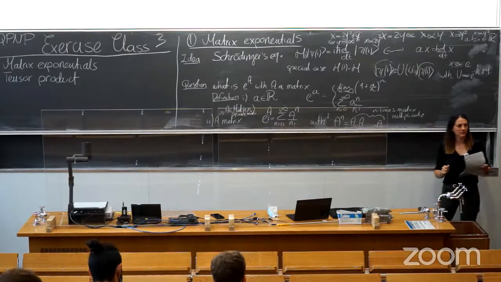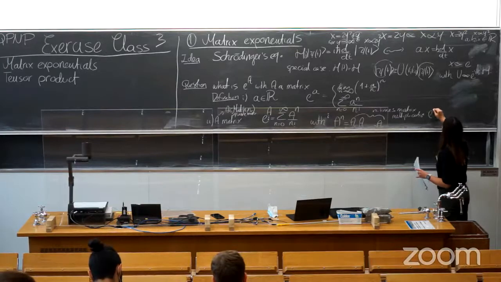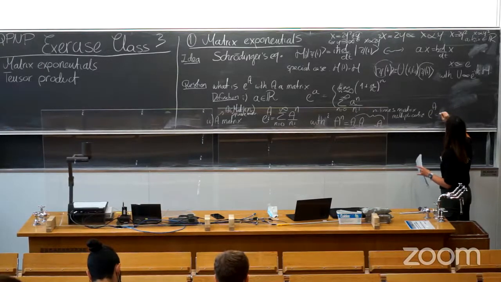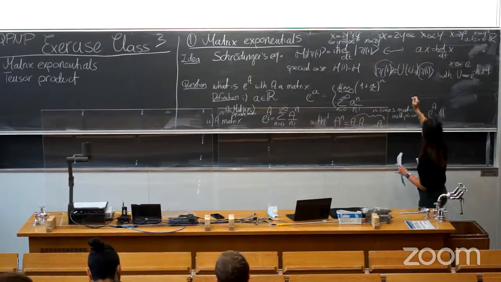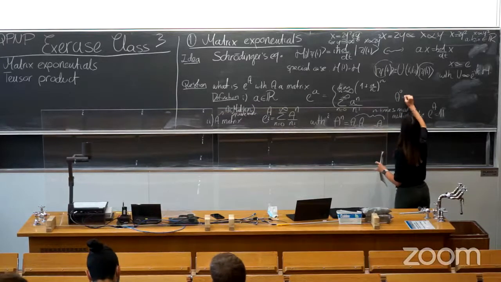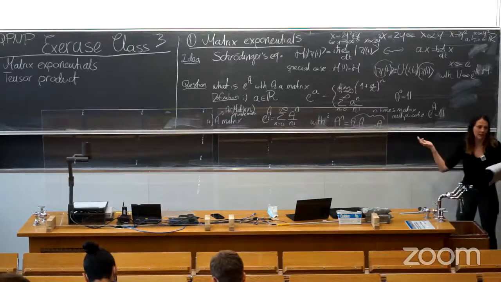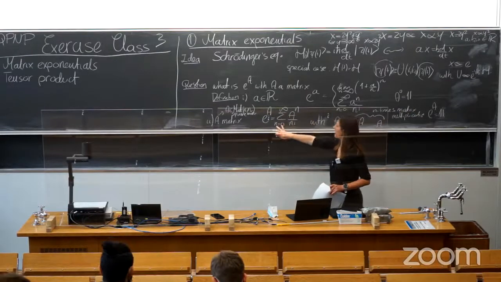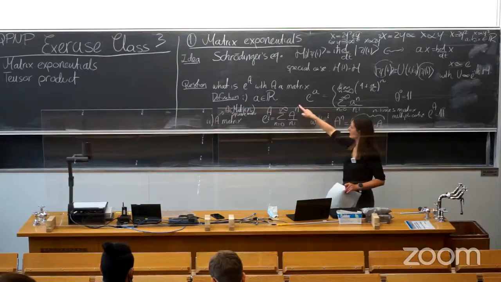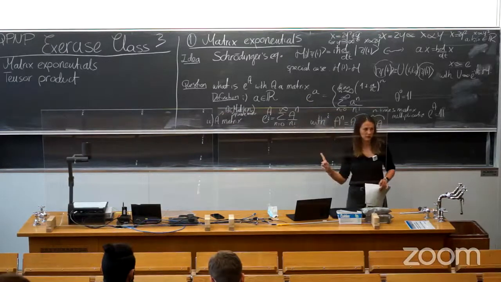Any question? A to the 0 is equal to the identity, this is a convention, like for a real number, exactly the same. So if I put n equals 0 in this sum, I have the identity divided by 0 factorial, which is 1.